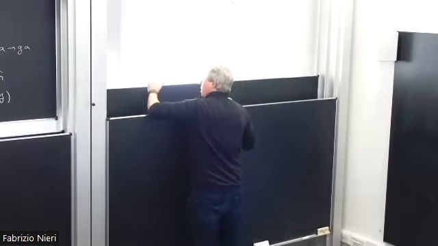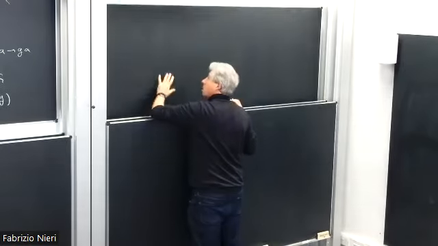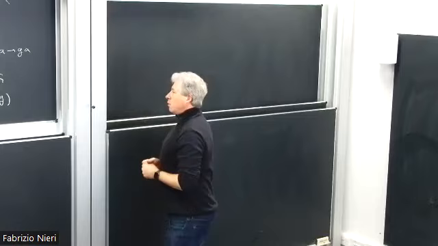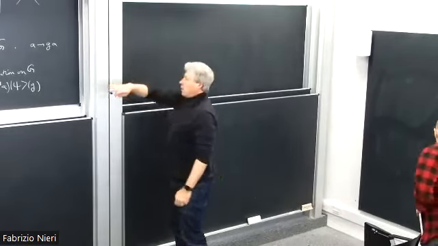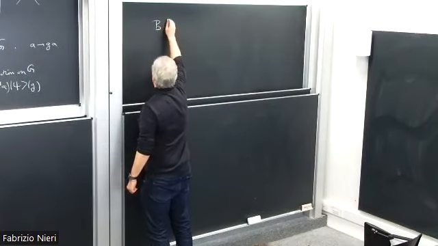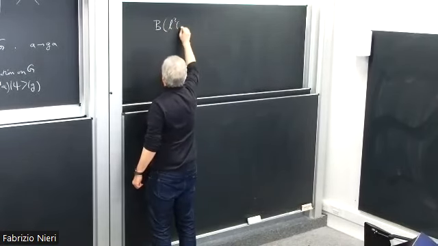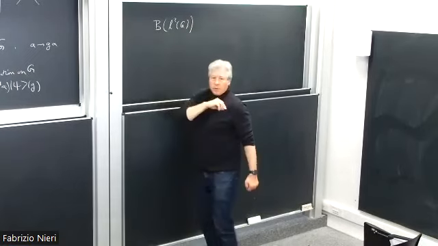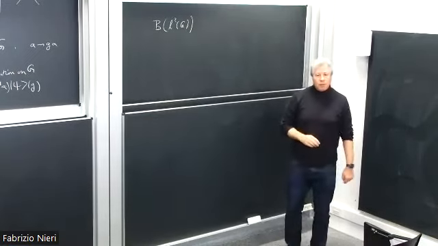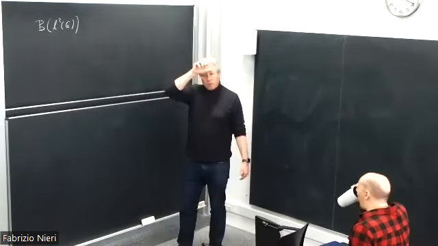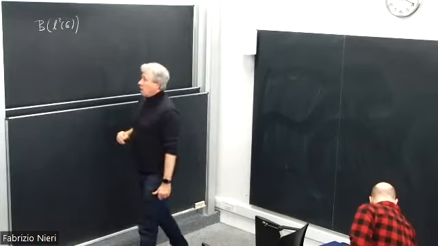Maybe I could have started with an algebra associated to the group, namely the set of bounded operators on the square integrable functions on the group. That is also an algebra. Actually, it's a type 1 factor.